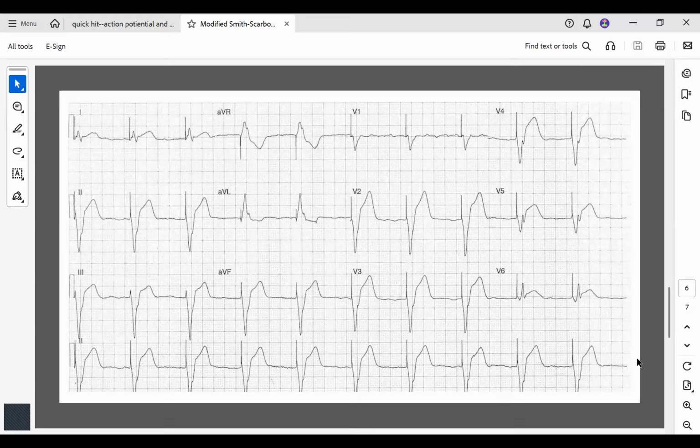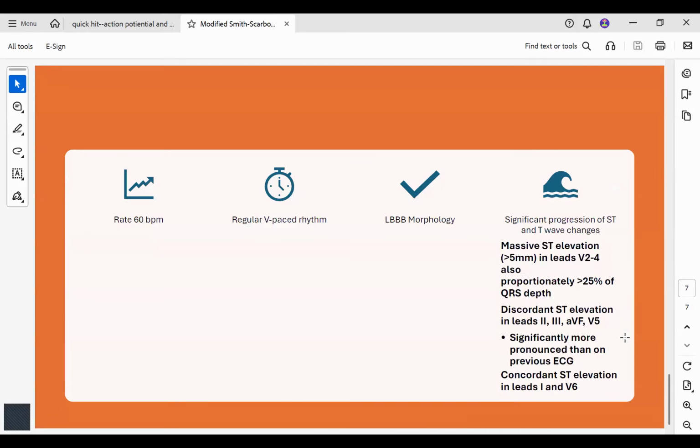Yep, like V3. What about V2? What do you think, Abe, about V2? V2 probably also. Yeah, exactly. The hard thing about this is getting used to concordant and discordant when you see something that looks so wide and weird.